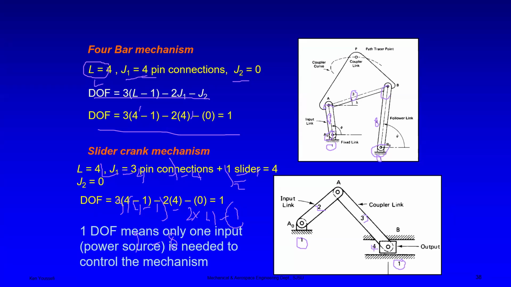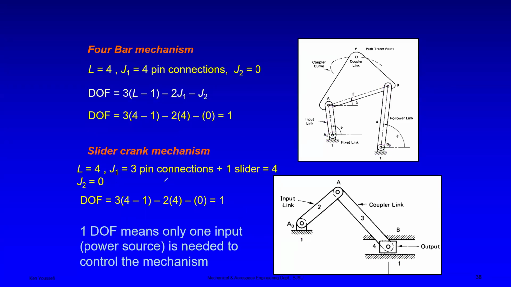Our J2 is 0 because this one just moves in that direction. It's not constrained in rotation. So now it only has 1 degree of freedom. So that means we have 0 right here. So it means we have 1 degree of freedom, which means that only one input power source is needed to control such a mechanism.